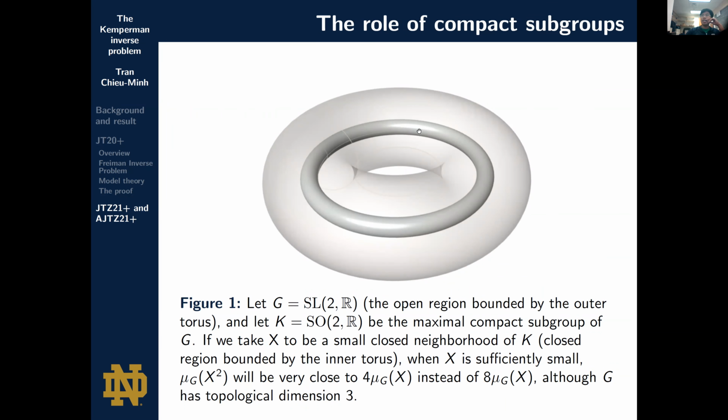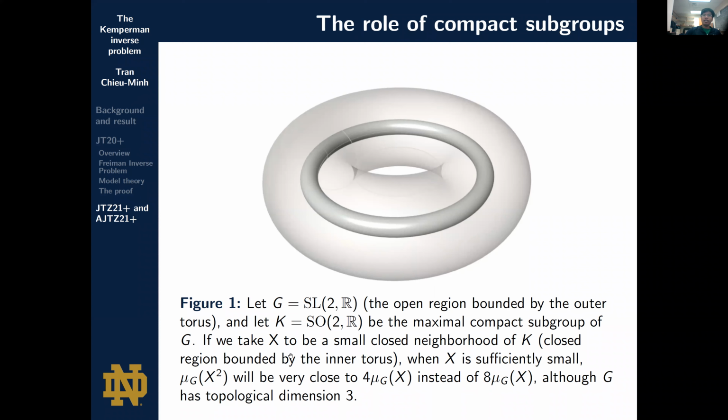So for example, if you are taking your group to be SL2R, SL2R is of dimension 3, and you can visualize the region as the interior region of the torus. SL2R has a compact subgroup, SO2R, which you can think of as the circle at the center.